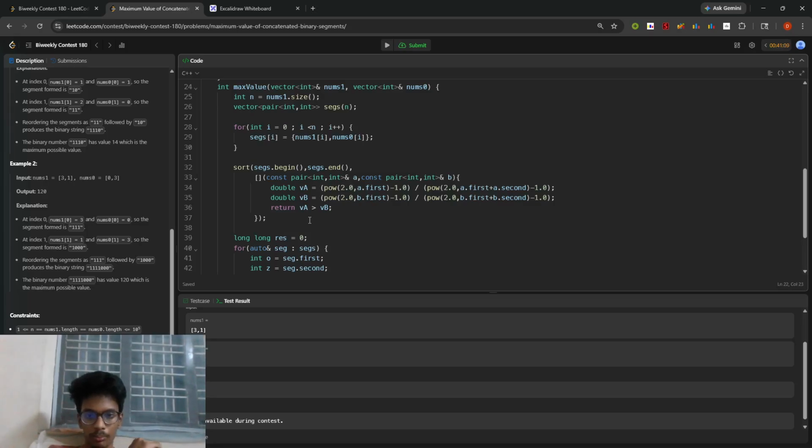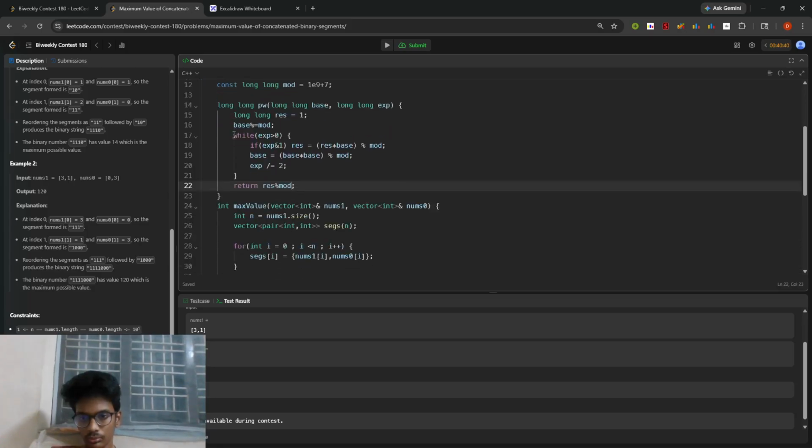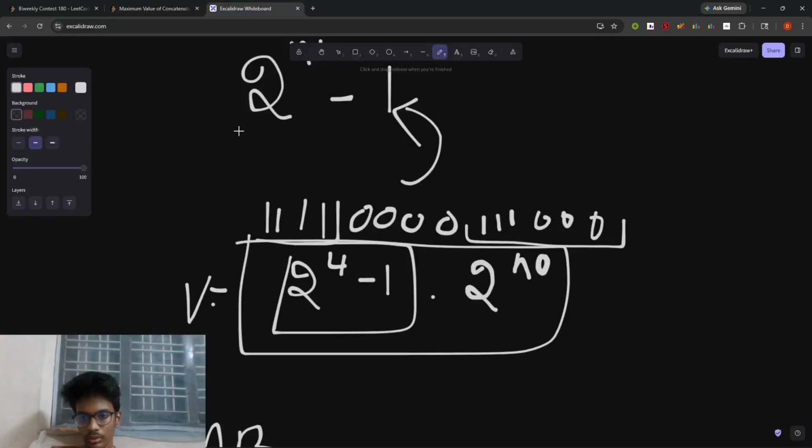We are taking pair int A and pair int B, and we are taking a double value of A, which is 2 power A dot first minus 1 divided by 2 power A dot first plus A dot second, which is nothing but the length of A minus 1, which is the expression we just derived here.